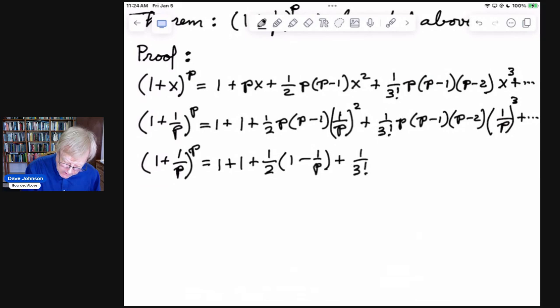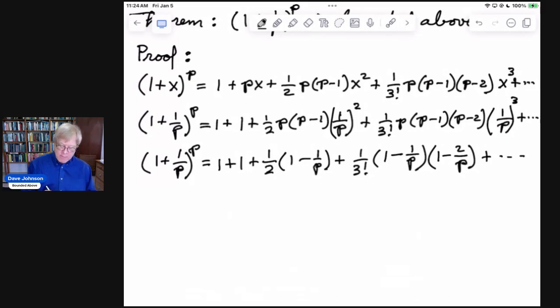The p again goes away because p divided by p is 1, and we have a 1 minus 1 over p times 1 minus 2 over p, and we can see that this keeps going like that.